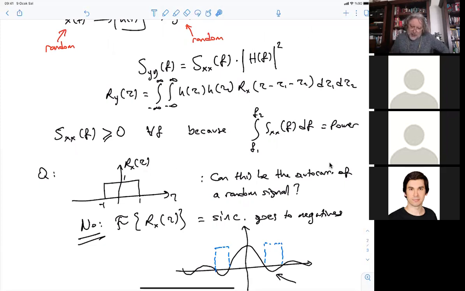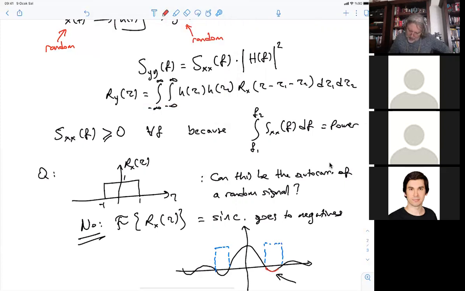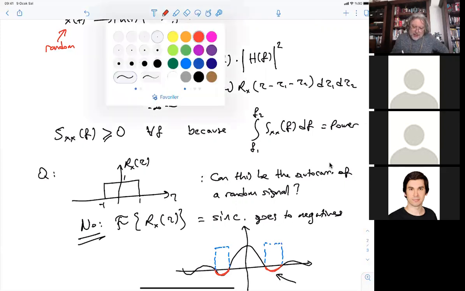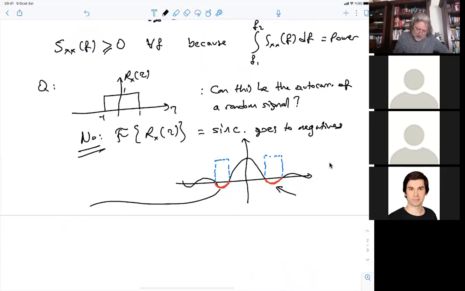So when we multiply these rectangular boxes with Sx of f, you will only have these negative parts. They will pass from the filter, and everything else will be annihilated. They will be gone. And then that becomes the power spectral density of the output, SYY of f, purely negative.